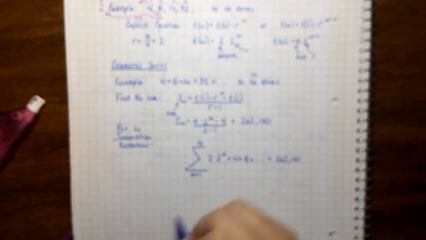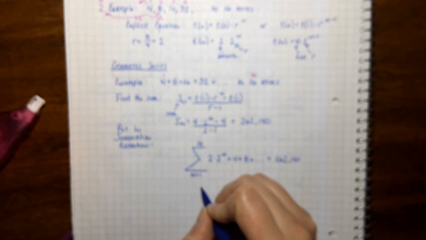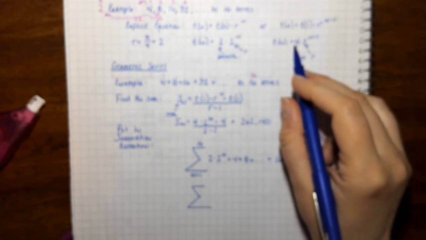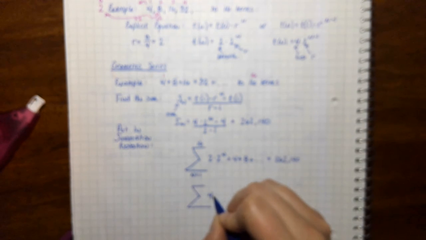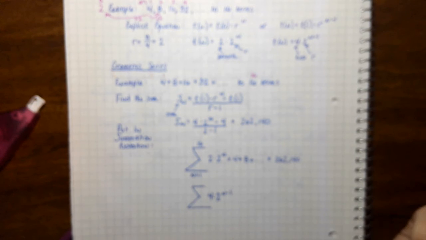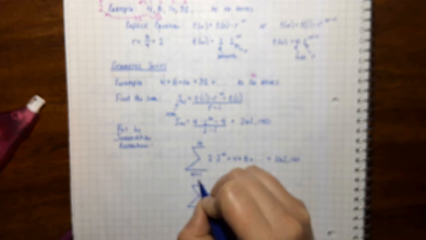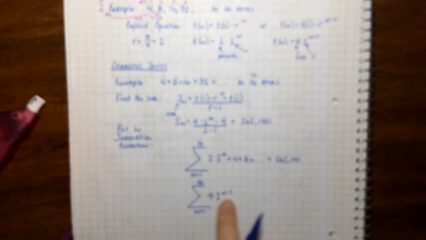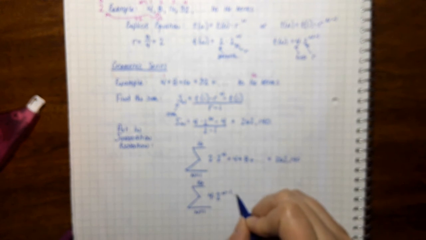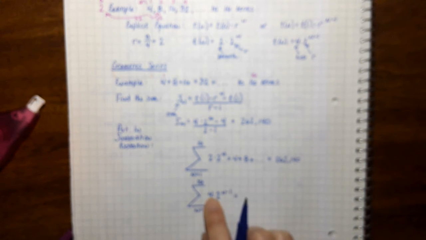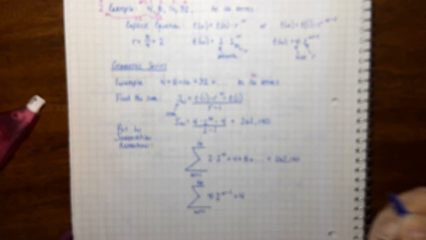Okay, the other way is to write it in terms of the first term, which is 4 times 2 to the n minus 1. It doesn't change anything about where to start and where to stop. It's just written in a different way. Okay, so plugging in a 1 here. 1 minus 1 is 0. 2 to the 0 is 1, times 4 is 4.